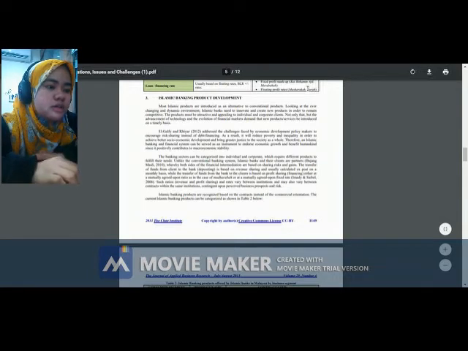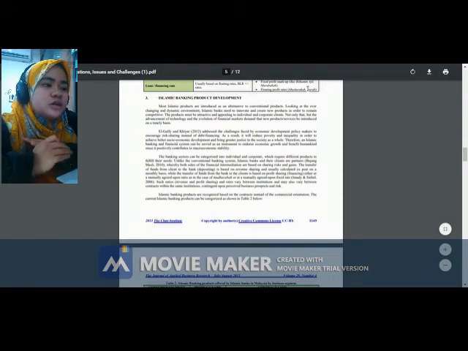Okay, so the product development in Malaysia. Before we talk about the product development, I will give a brief explanation about Islamic banking in Malaysia.